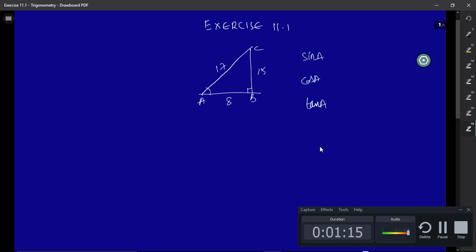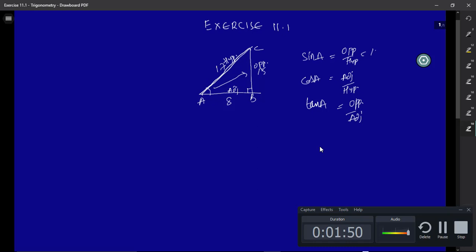With respect to angle A, BC is the opposite side, AC, which is a slant line, is always the hypotenuse, and AB is the adjacent side with respect to angle A. Now we know that sine is opposite by hypotenuse, cos is adjacent by hypotenuse, tan is opposite by adjacent.